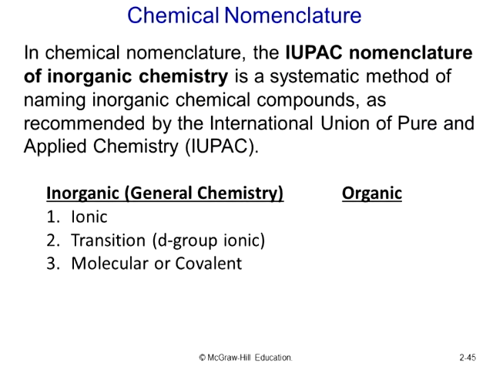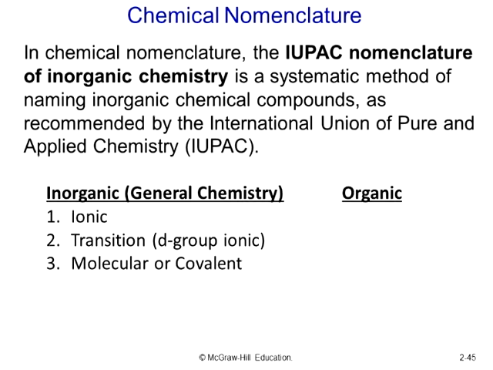Okay, now let's talk about the system for chemical nomenclature. The IUPAC nomenclature of inorganic chemistry is a systematic method of naming inorganic chemical compounds as recommended by the International Union of Pure and Applied Chemistry, IUPAC. Now, there are 2 large areas where this nomenclature applies: inorganic and organic.